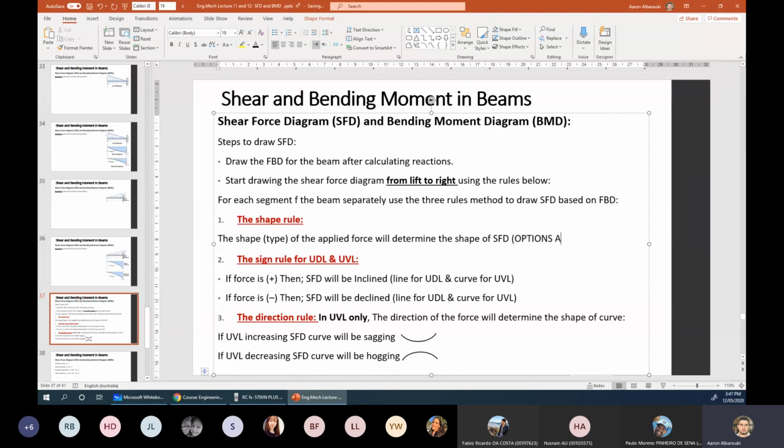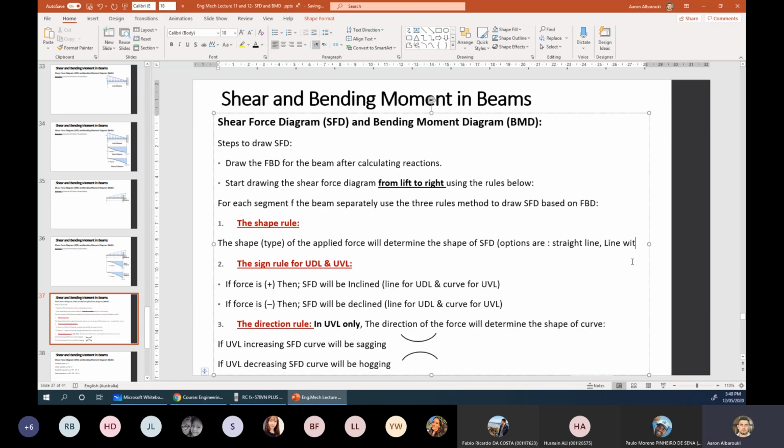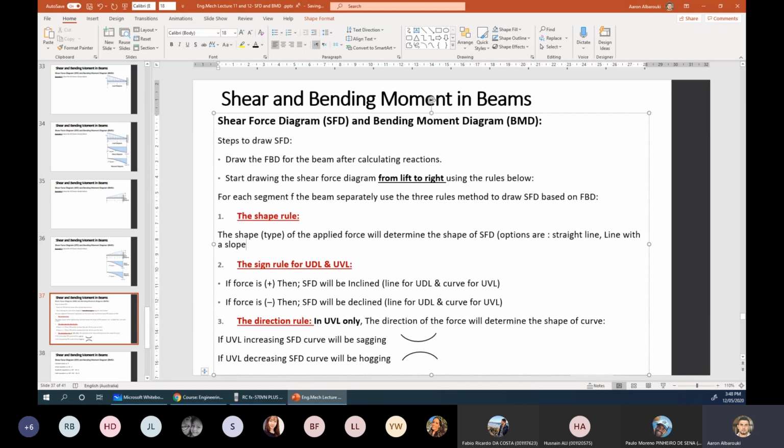Options are straight line, line with a slope, or curve.